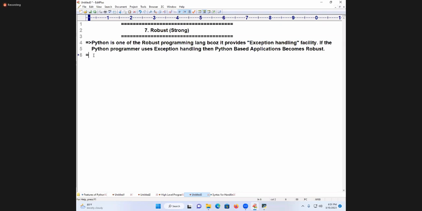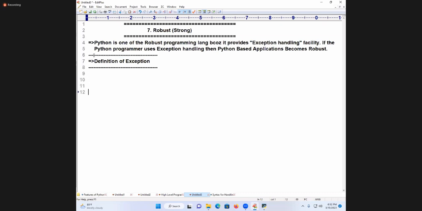Now here, I want to write one small point: the definition of exception handling. Listen, all of you. Because at present, I want to give you the definition of exception.